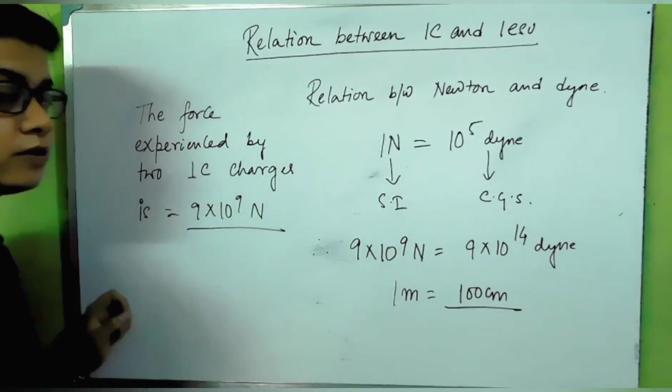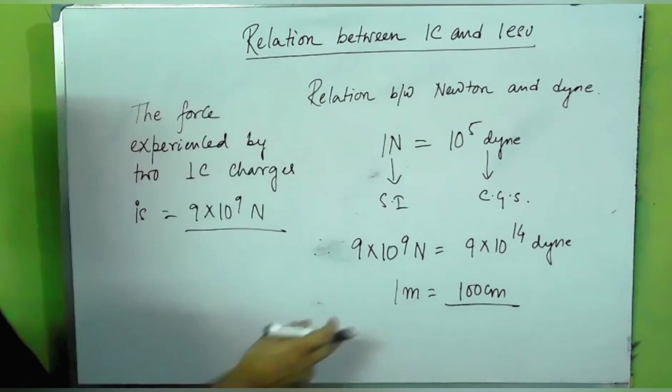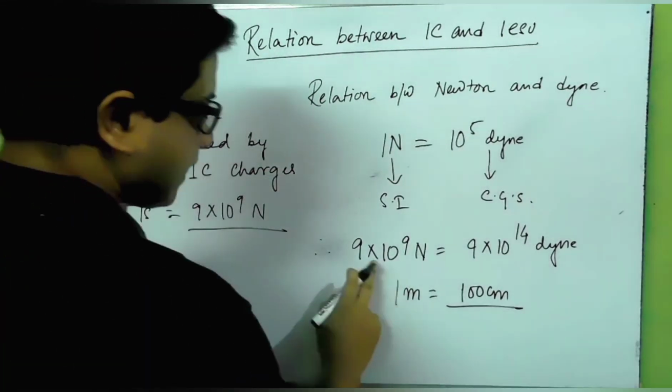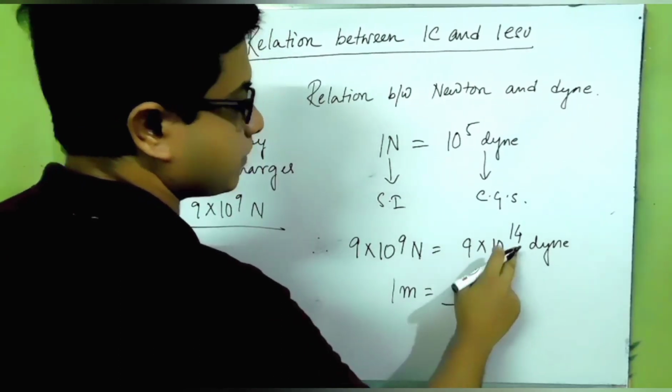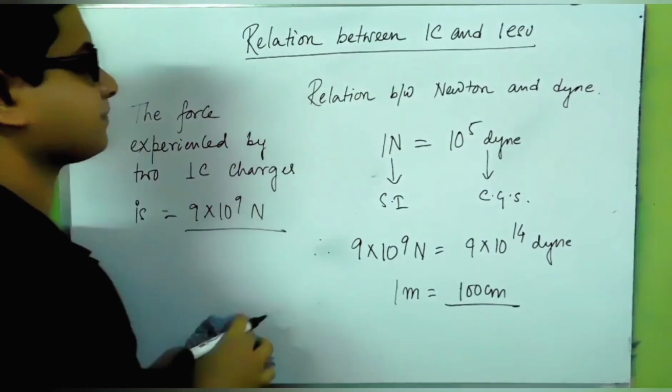So we are going to use this information here. We have seen that 9 times 10 to the power 9 Newton is actually equal to 9 into 10 to the power 14 dynes.